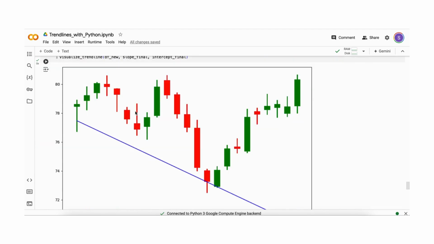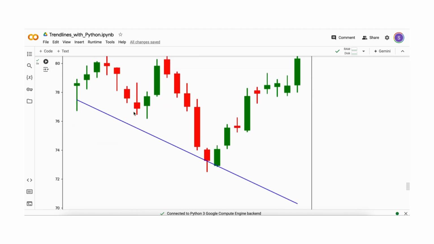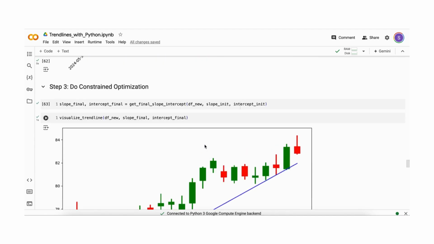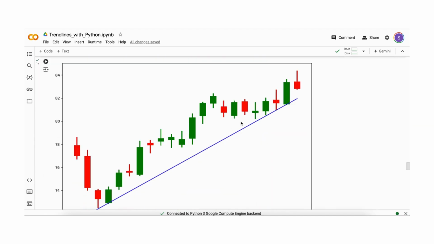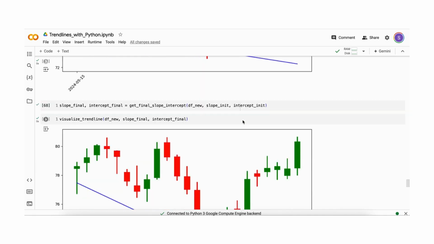For example, here we found a different time frame in the data, which is an okay trend line, but I wouldn't say the trend line is as good as this particular case here. So how do we programmatically distinguish between a good and a bad trend line, which would be really important if we were to take a trend line trade?